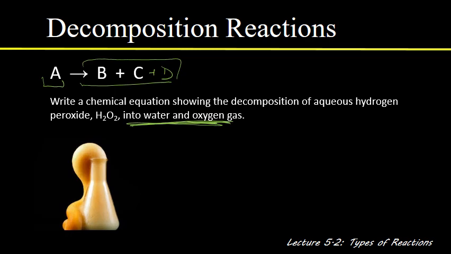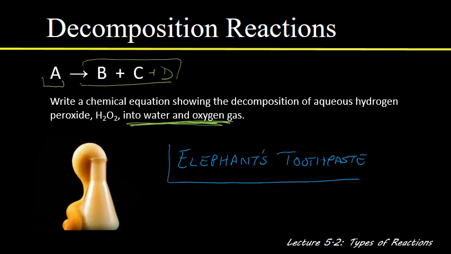Anyway, if you're curious, go to YouTube and search for elephant toothpaste, and you'll see a bunch of reactions like this, but they'll be much cooler. You can also put food coloring in there to make them come out different colors. People do all kinds of fun stuff.